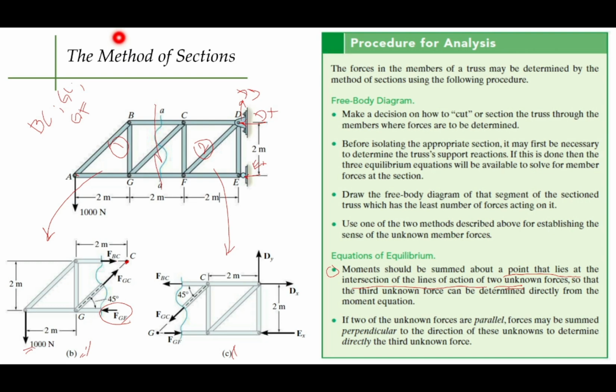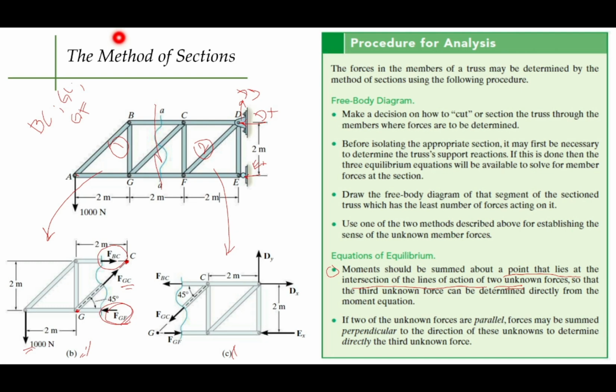The next strategic point where we can do moment is at G, because the line of action of GF passes through G, and the line of action of GC passes through G as well. So therefore, if we do moment summation, only the unknown BC will be reflected in that equation. So we can now solve for BC.